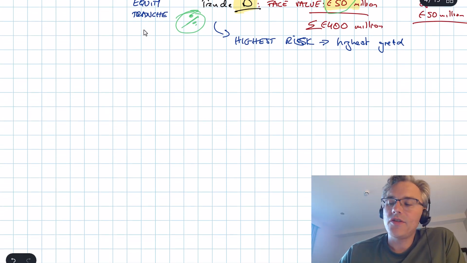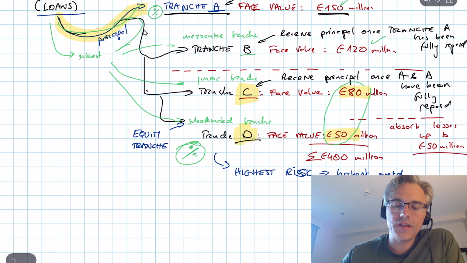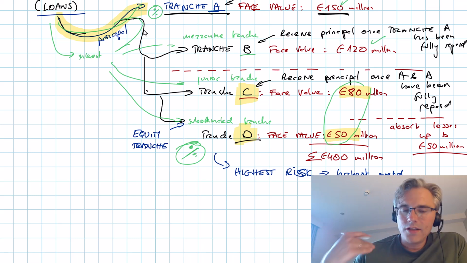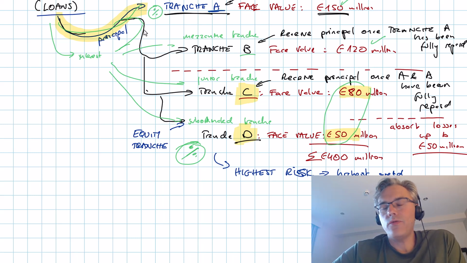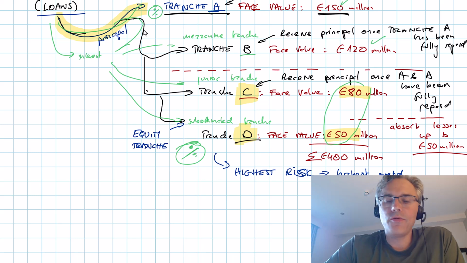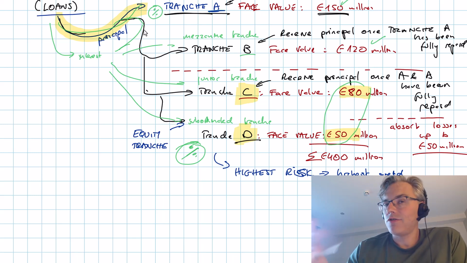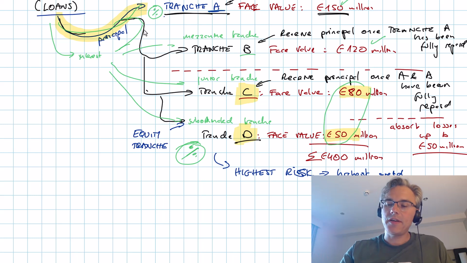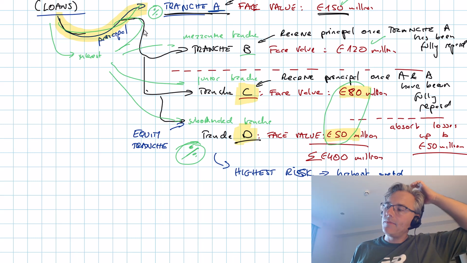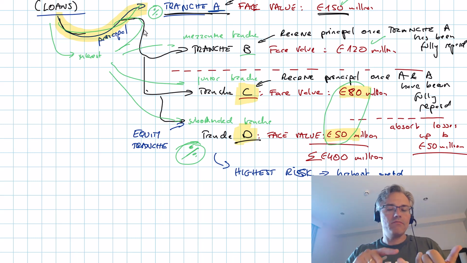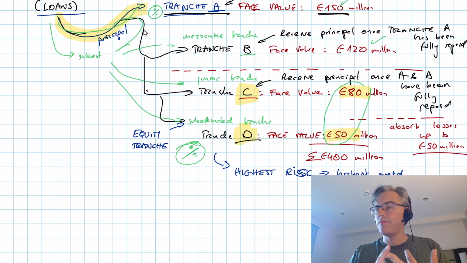Okay, and let me just point out one more thing here. I'm not going to write this down. When you create these tranches, what's nice about it is that investors can choose which level of risk they want to sign up for, which also means what yields they want to sign up for. And because these tranches have different expected maturities, we expect A to be repaid before B and B before C, etc., they can choose among different risk levels, different yield levels, and different maturity levels.